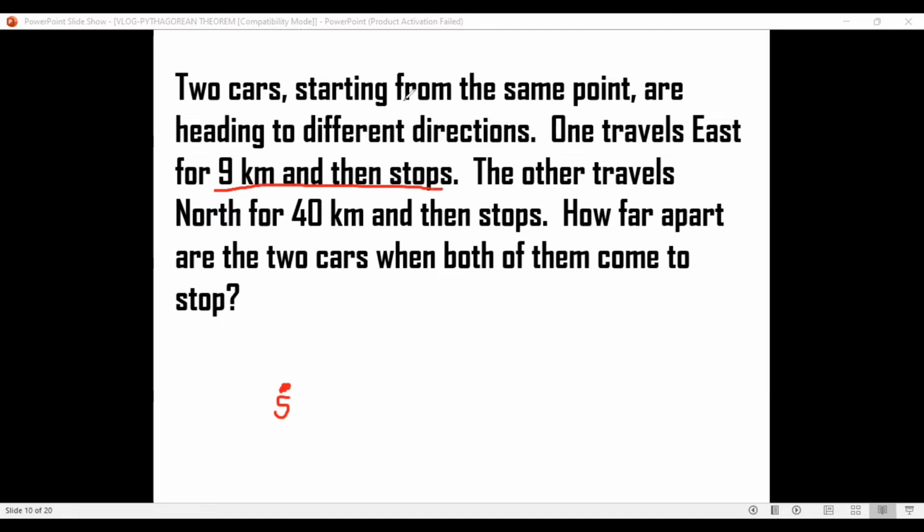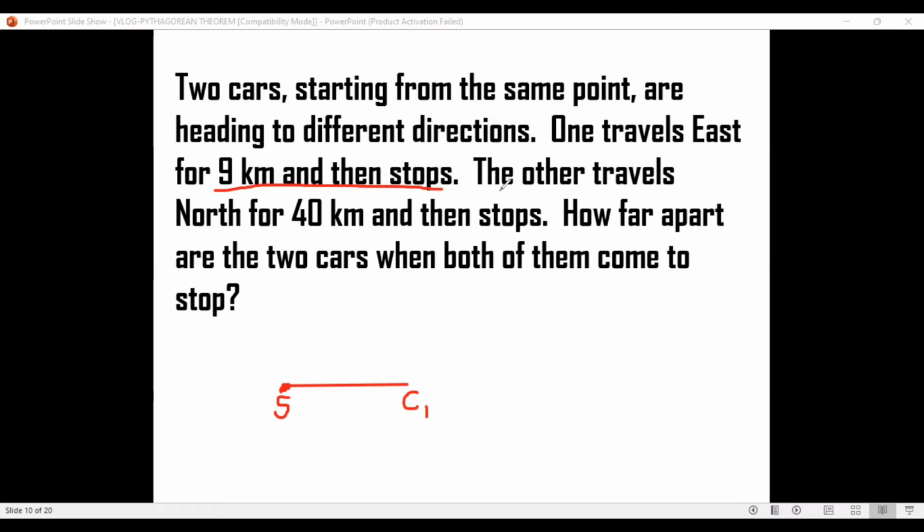So we will just draw a line for that one. And this pertains now to that 9 kilometers. So we will now have that as our car 1. Okay, that is now our car 1.